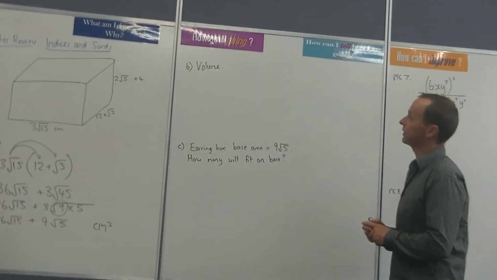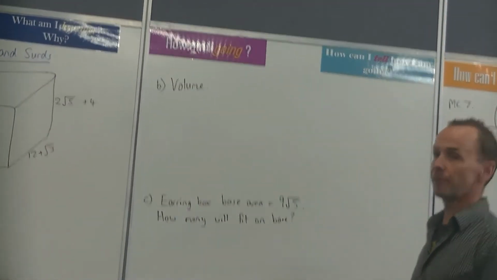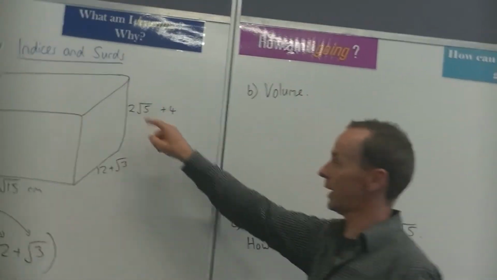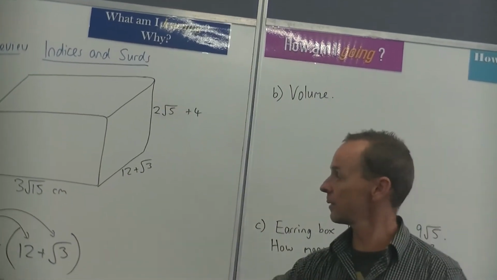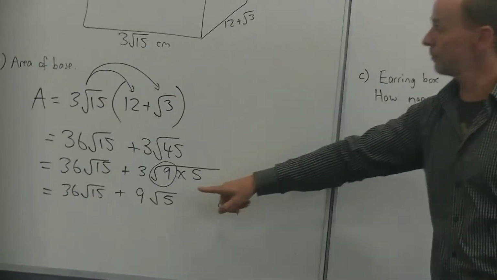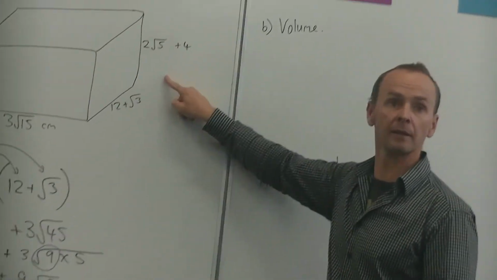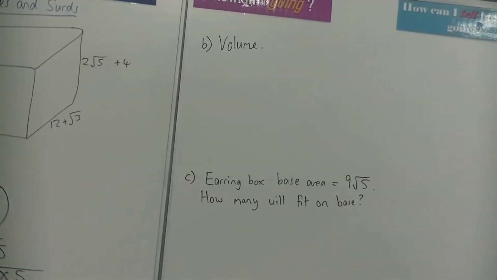Alright, so the next question says find the volume of the box. So the volume is length times width times height. But since we've already worked out the base area, why not just multiply the base area by the height? That should work to save us a little bit of time.